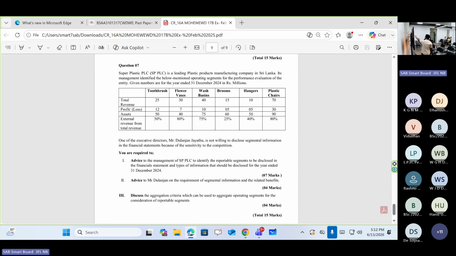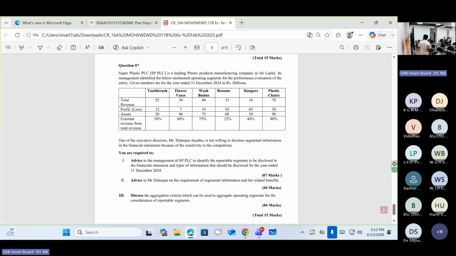Management identified the below mentioned operating segments for performance evaluation of the entity. Given numbers are for the year ended 31st December 2024 in millions. Total revenue we are having for toothbrush, flower vase, wash basins, brooms, hangers, and plastic chairs.